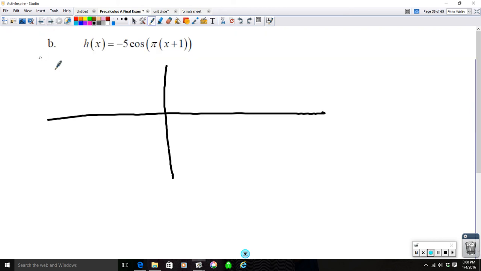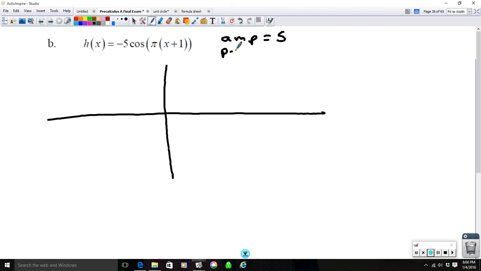B. So for this equation here, the amplitude is going to be equal to the absolute value of negative 5, which is 5. We're paying attention to this being negative, so cosine is going to start with its minimum at negative 1 here, where the phase shift is.